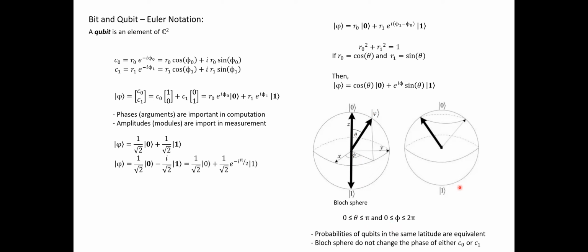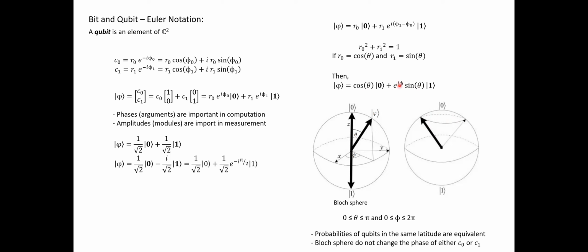So the second figure shows that if we visualize those qubits in the same latitude, like this circle, we can say that the probabilities of those qubits are equivalent, because it depends on the modulus of cosine and sine. It means it only depends on theta.